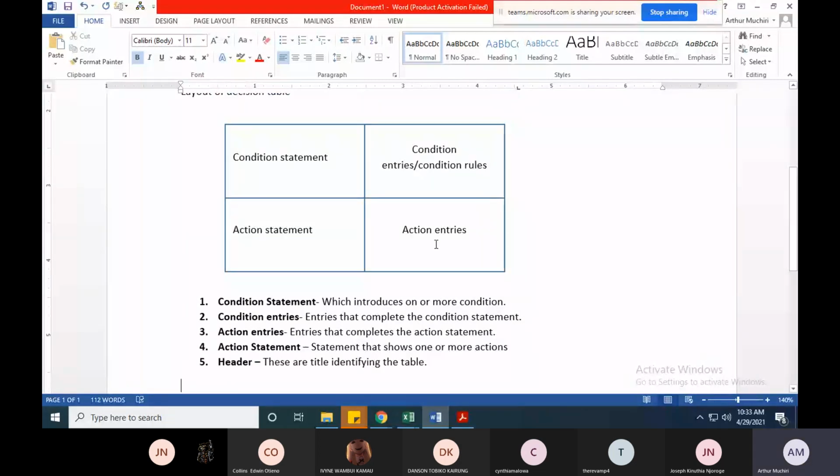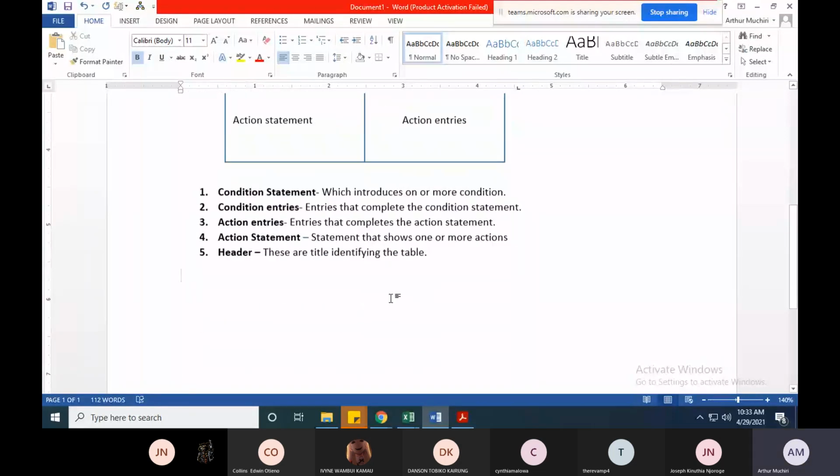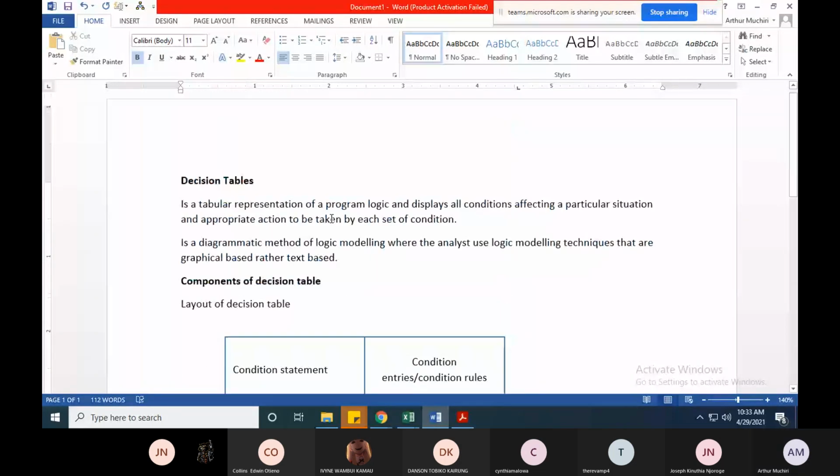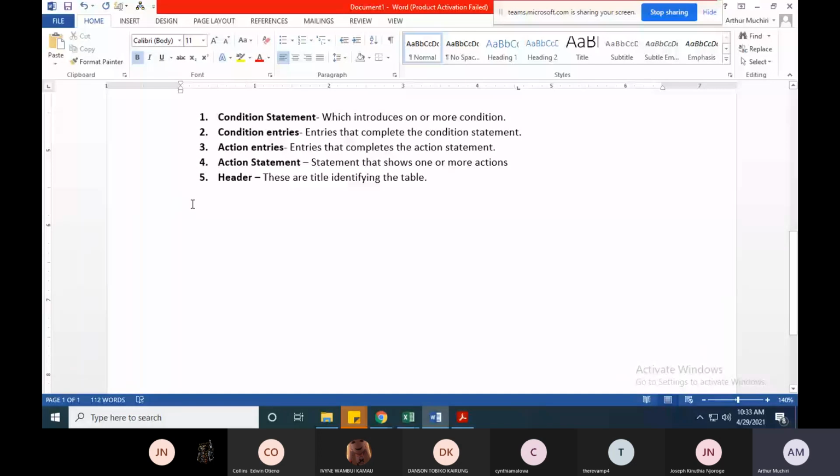Condition identifier, do we have it here? Okay, so this is good. So we can look at advantages before we draw. Advantages of using decision tables. When you hear of decision tables, it simply means these are tables that will help us make decisions.